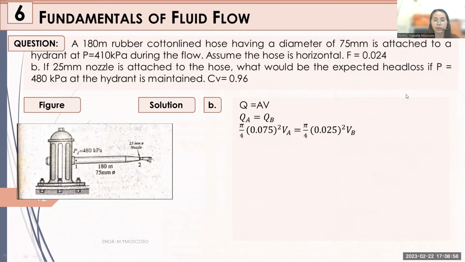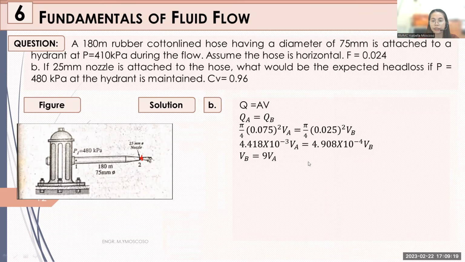Having that said, QA is equals to QB. Yung B natin is considering dito na sa nozzle ninyo. Okay? That is just pi over 4 times the diameter of the hose squared times VA is equals to the area of your nozzle times VB. Okay?